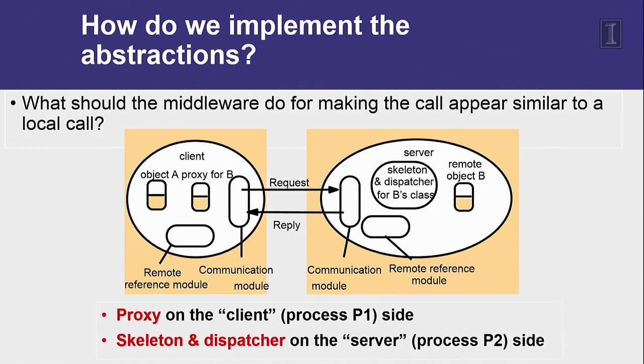The client is generally known as a proxy. It's going to make the requests. There is a skeleton and a dispatcher on the server side that responds to the requests, executes the method, procedure, whatever, and returns the values back having done the computation. And this can change the state of the server as well as providing different types of return values.